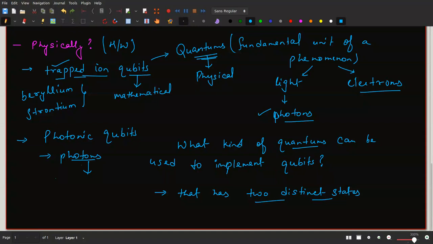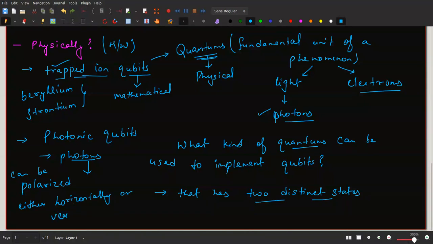Because photons can be polarized, after polarizing, either horizontally or vertically. Let me write it this way: photons can be polarized either horizontally or vertically.